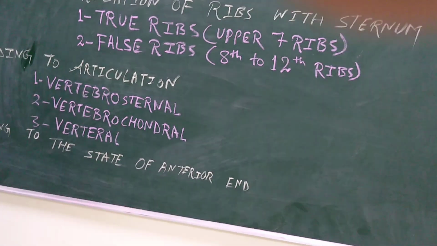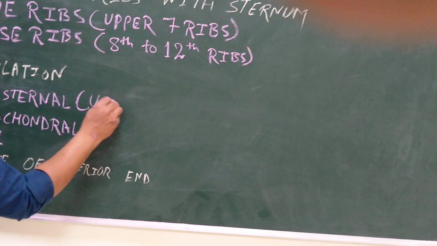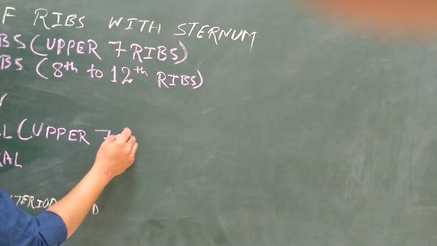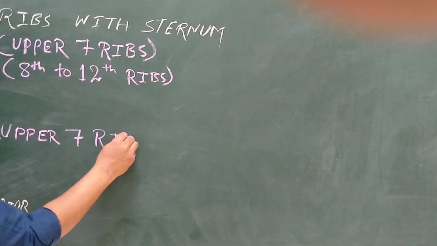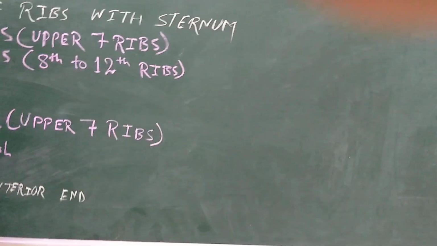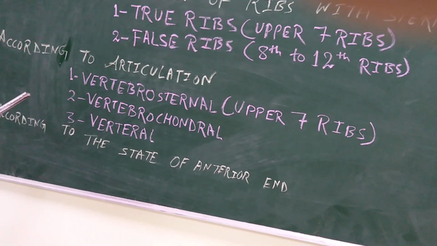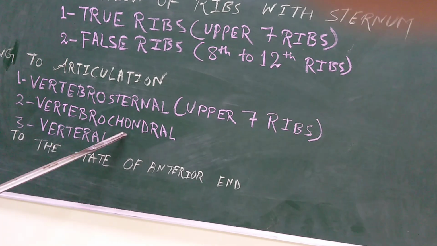The upper 7 ribs are the vertebrosternal. And now the vertebrochondral ribs.